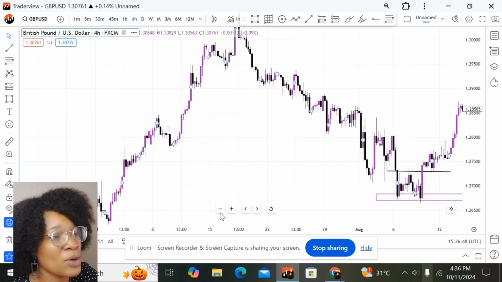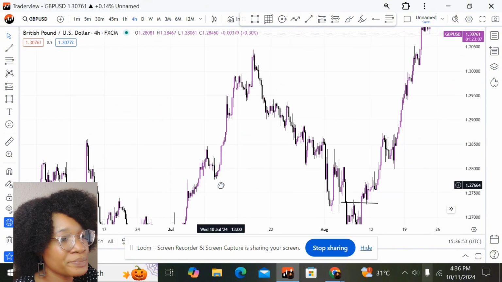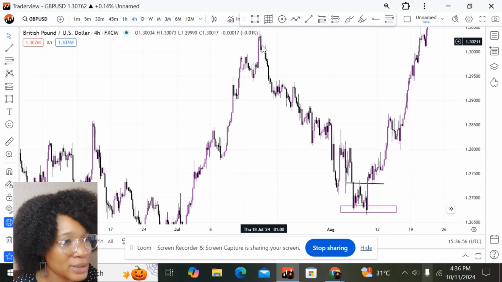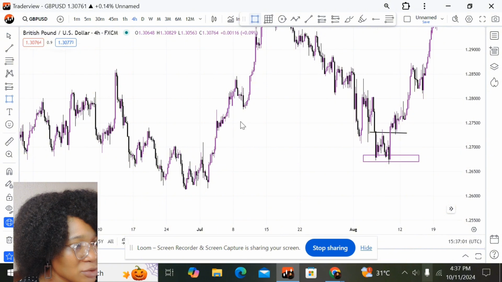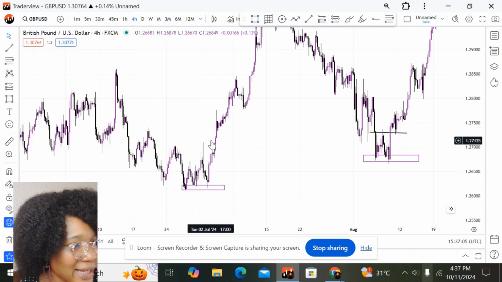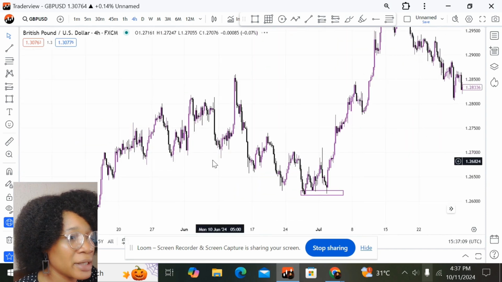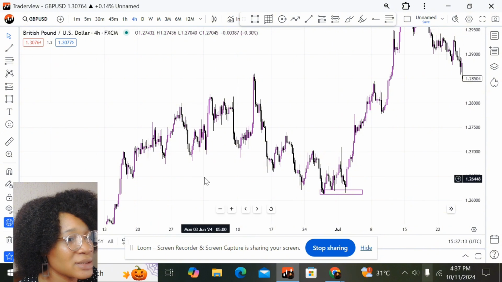Okay, let's do one more. I think this is a triple top, with a neckline. I think it's a diagonal neckline that he gave.